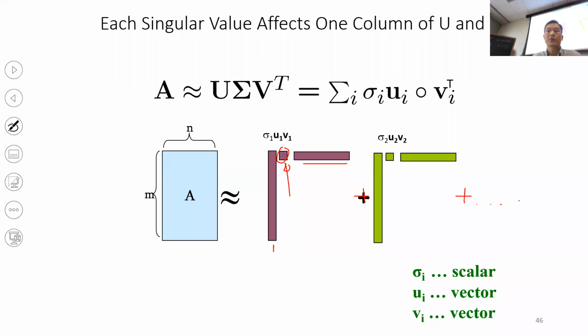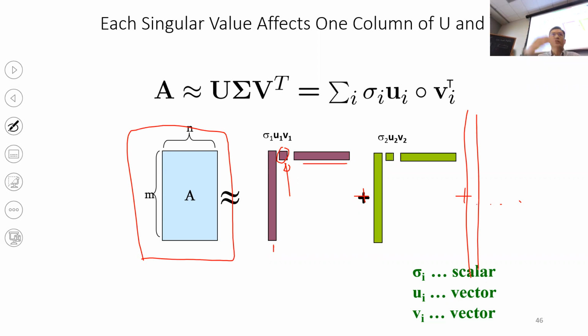If you have more, you can add them up and you still recover the original matrix. You can stop anywhere to get the majority of the information out, leave the so-called noise and ignore it. You can truncate anywhere in this form as well.